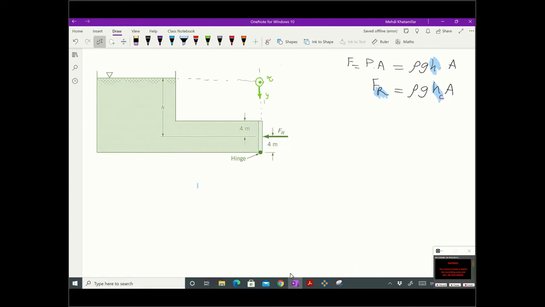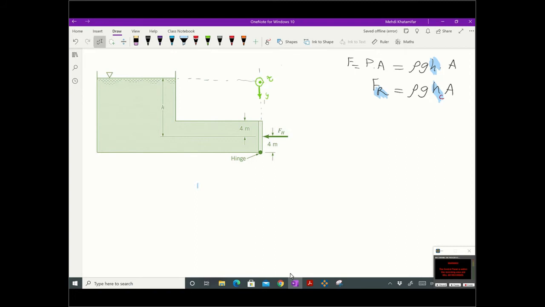So let me check. So it's going to be h plus 4 minus that. Okay, see, you make it different. So this is our gate, the hinge. This is the surface.